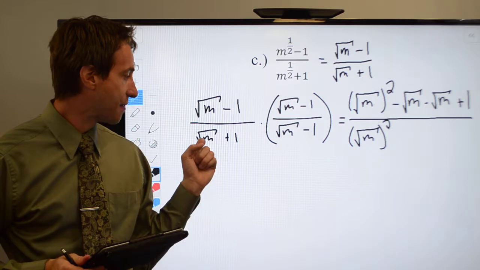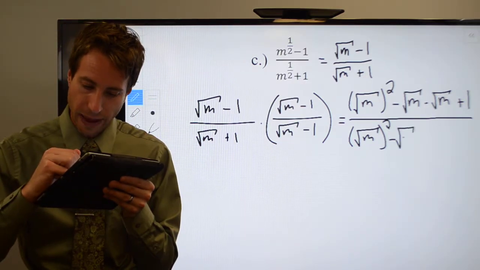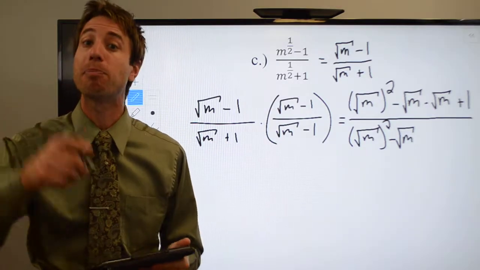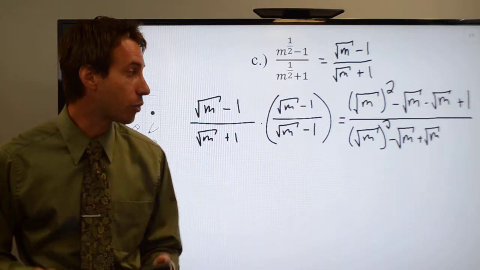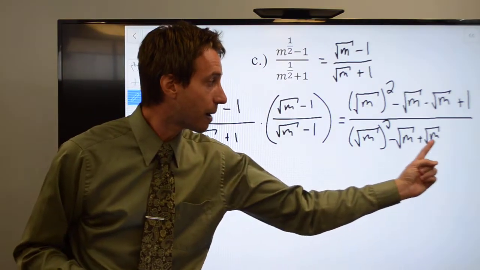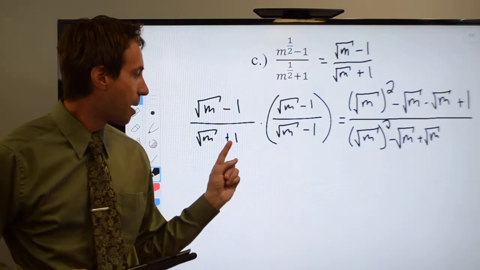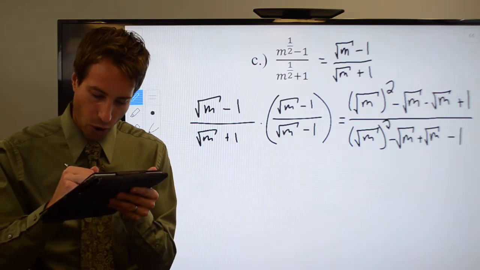Then I'm going to have a square root of m times a negative 1, which would be minus square root of m. But then I have a positive 1 times the square root of m, which would be a plus square root of m. And like I just mentioned, minus the square root of m plus the square root of m, those guys cancel each other out. Then positive 1 minus 1 gives me a negative 1, and we're almost there.